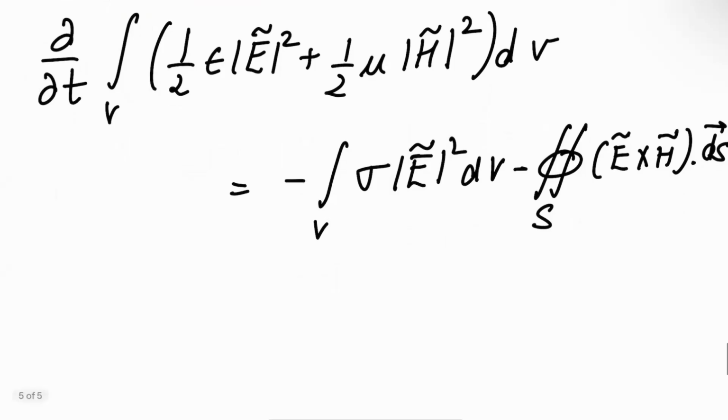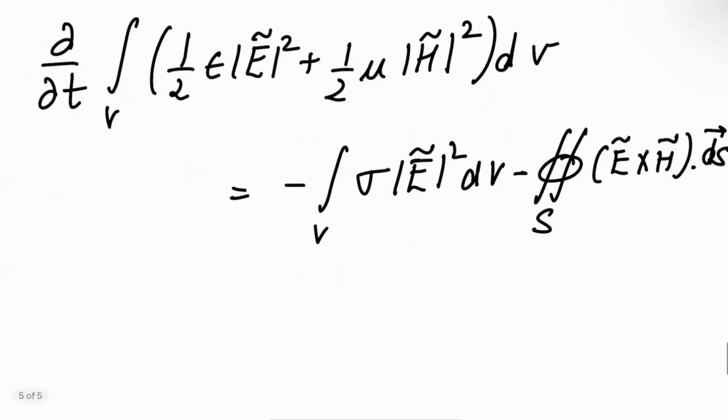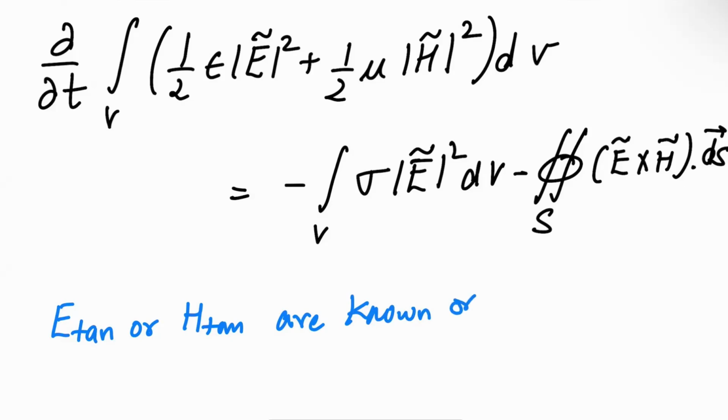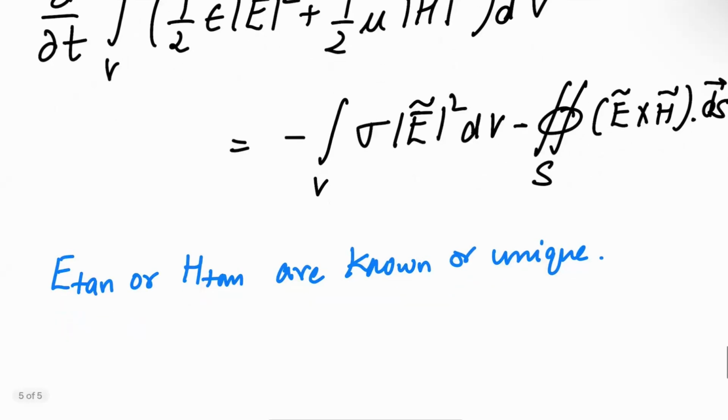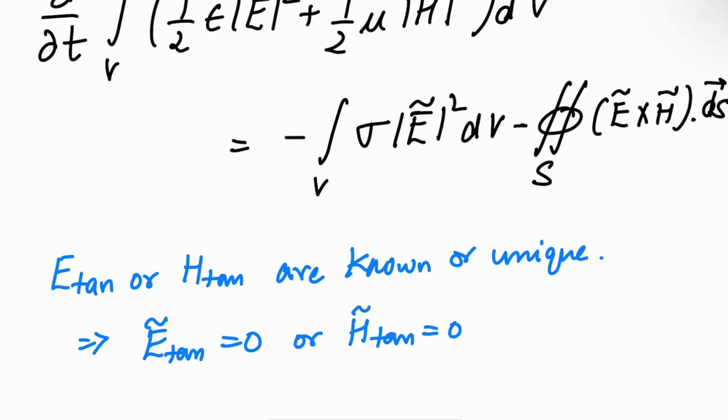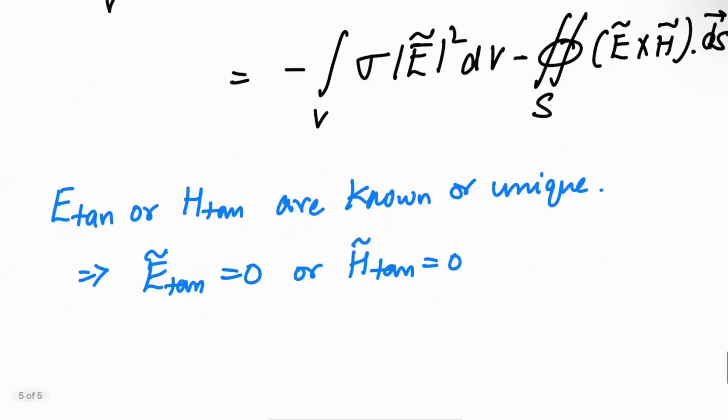All right, now we start applying the conditions we started with. We know E tangential or H tangential are known, or unique. Another way to say they are known is that they're unique, which means that E tilde tangential equals 0 or H tilde tangential equals 0, because it's the difference between E1 and E2.